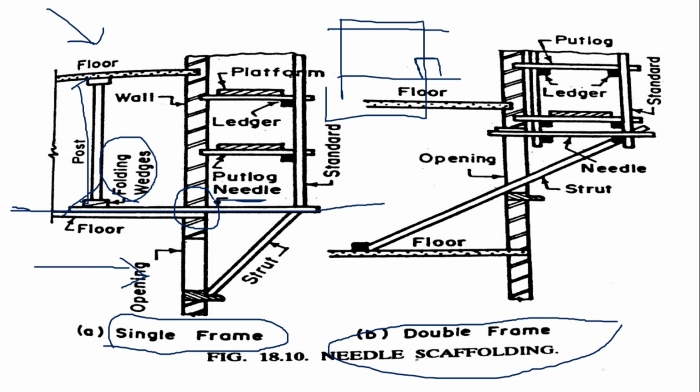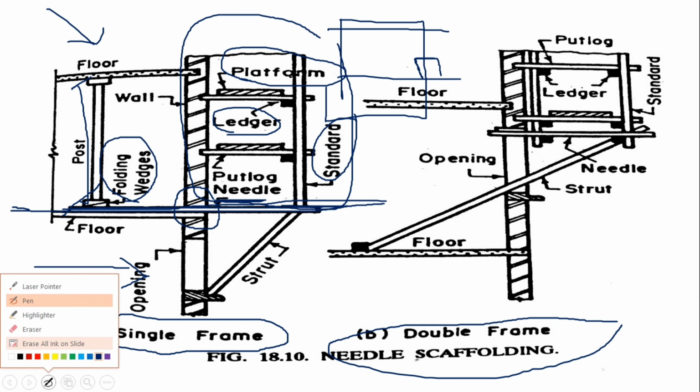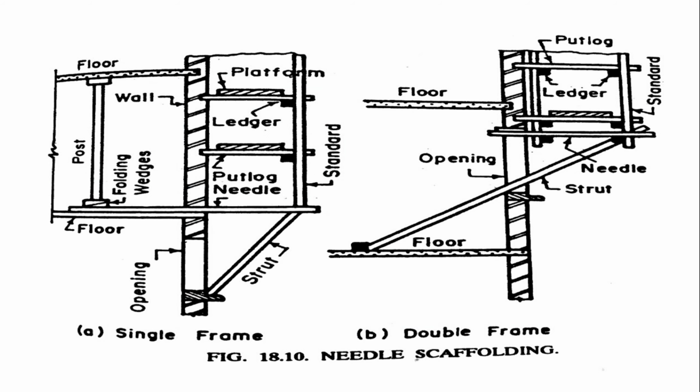After that, the remaining processes are the same: installation of the standard, installation of the ledger, installation of the platform. Only one thing is different, that I provide the needle throughout my floor. Up to this condition, my entire scaffolding depends only on that needle. Why? Because it goes throughout my particular wall. Clear? Because of that, the entire scaffolding is represented only on the needle.